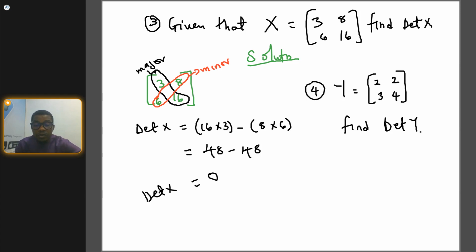Now let's go on to the next one, which is the determinant of a 3 by 3 matrix. We've done that of 2 by 2. Now we want to consider the determinant of a 3 by 3 matrix, which is also simple to solve.